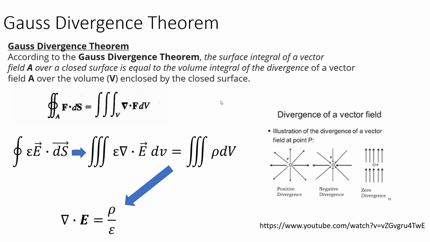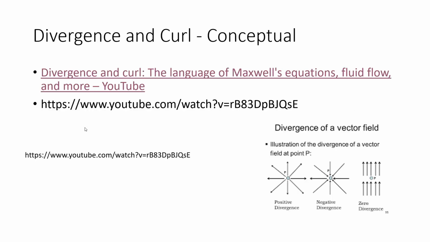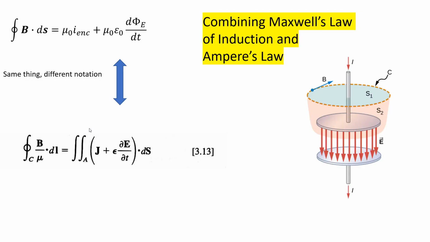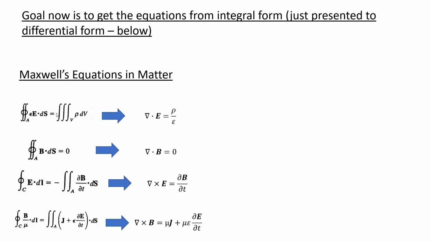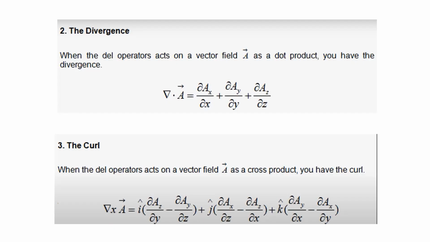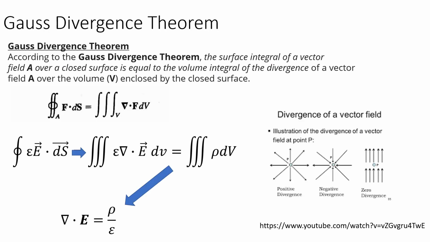So all I'm going to do is insert this equation, which previously was demonstrated to come from an experiment, into this equation. E dot dS, according to the Gauss divergence theorem, is equal to the divergence over this volume. In this case, it's the divergence of the electric field.